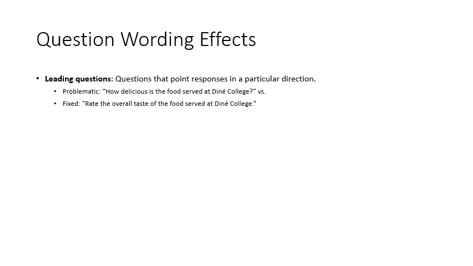How delicious is the food served at Dene College? And you can see how it leads the respondent to assume that there's some sort of deliciousness involved. So it's a leading question, leading in a particular direction, as opposed to the fixed version: rate the overall taste of the food served at Dene College, which allows the respondent latitude and doesn't lead them in one direction.